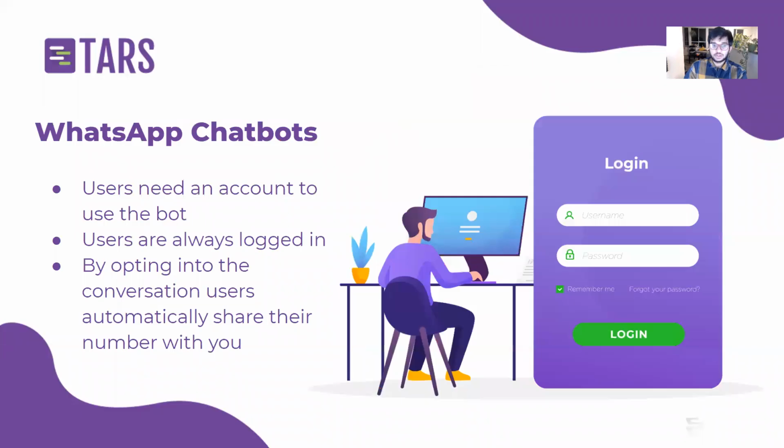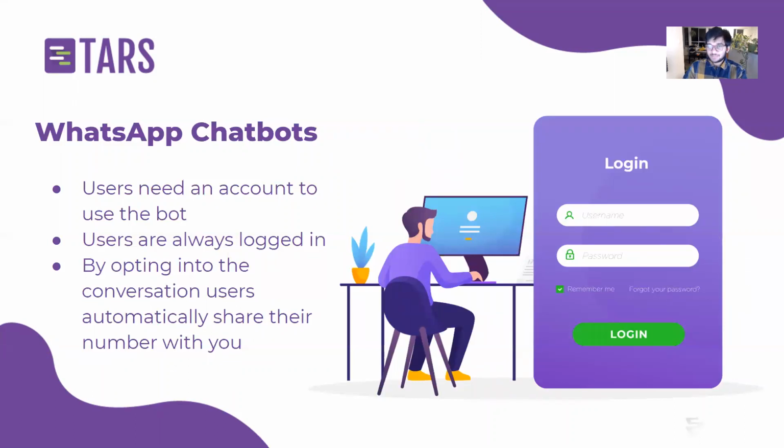Now, as you probably know, to interact with a WhatsApp chatbot, the user needs to have a WhatsApp account. There's no way for that user to talk to a WhatsApp chatbot unless they are logged into WhatsApp. Now that can be viewed as a con because it adds a layer of friction for the user. They have to be logged into WhatsApp. And if they don't have WhatsApp, they obviously can't interact with your chatbot.